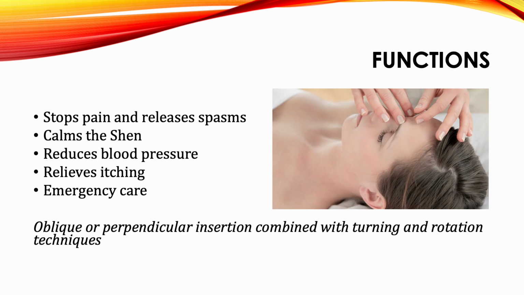Head imaging scalp acupuncture has the functions of stopping pain and releasing spasms, calming the shen, reducing blood pressure, and relieving itching, and it can be used for emergency care. The technique is most effective with oblique or perpendicular insertion combined with turning and rotation techniques.